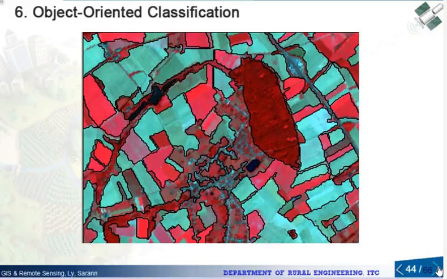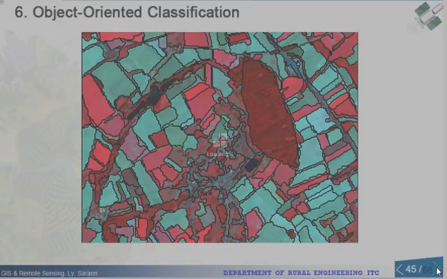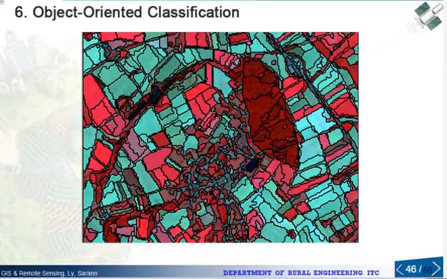You see the major objects in different polygons. And then we cut down more into sub-objects. So you see here a lot of smaller polygons. You see here a lot of polygons with very detailed objects.